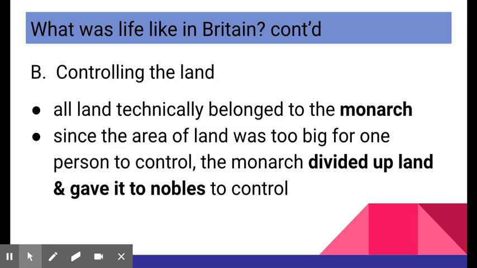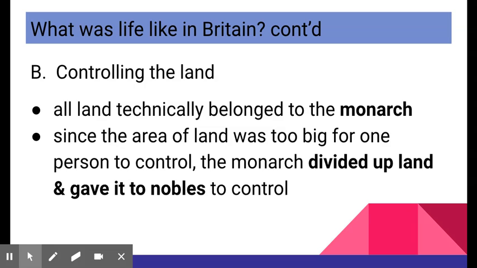It was easier to have someone on a local level controlling the land and the people on the land than to have a monarch back in the 1700s try to control a whole country, because it obviously took a while to get somewhere else, and it just wasn't practical. So the land was divided up by the monarchs, and the nobles controlled it on a smaller level.